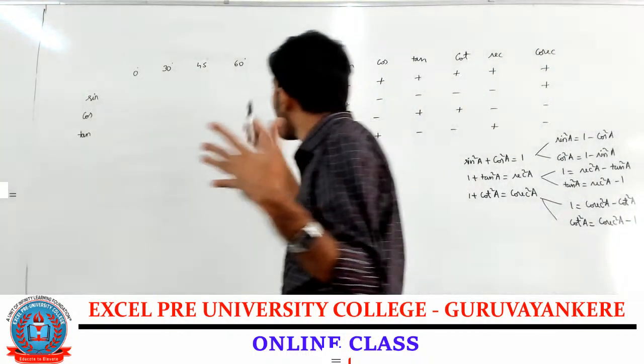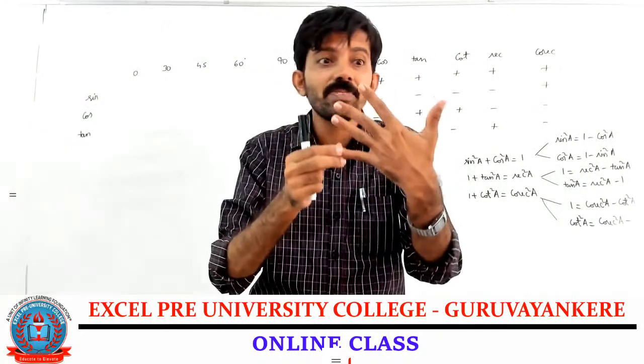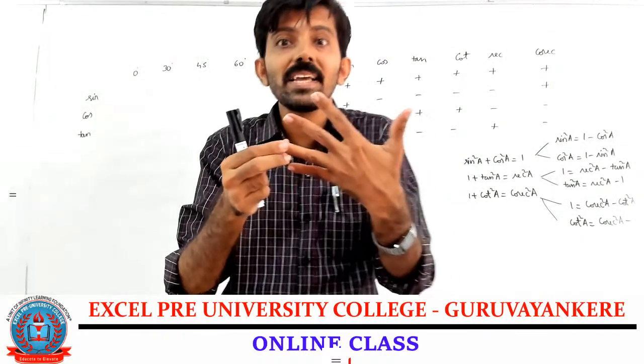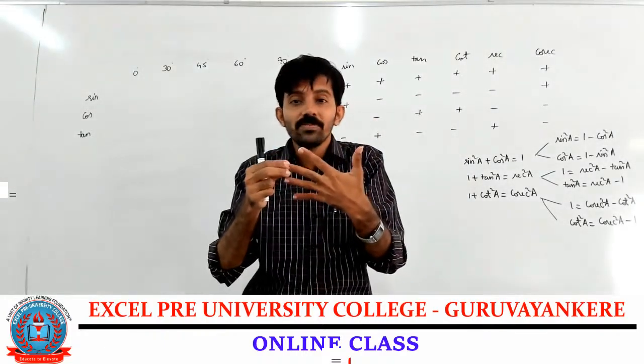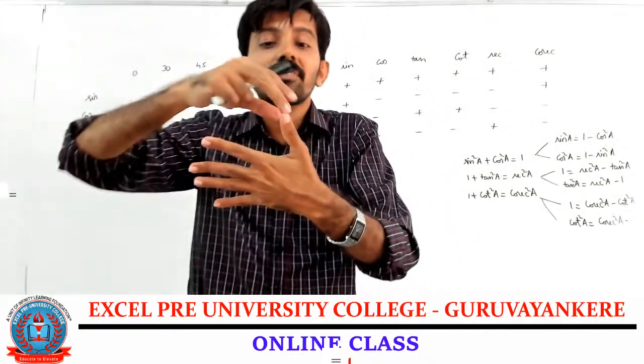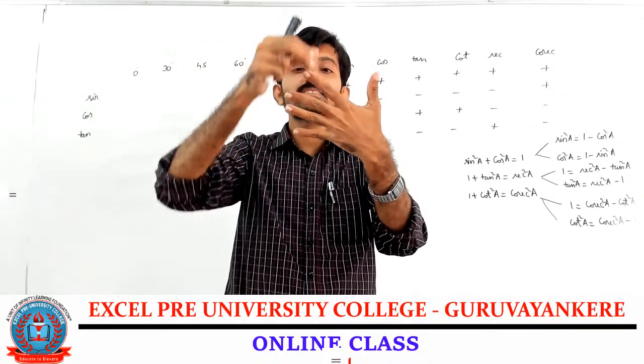Stretch the fingers of a hand like this. The little finger corresponds to an angle of 0 degree, ring finger is 30 degree, middle finger is 45 degree, index finger is 60 degree, thumb is 90.